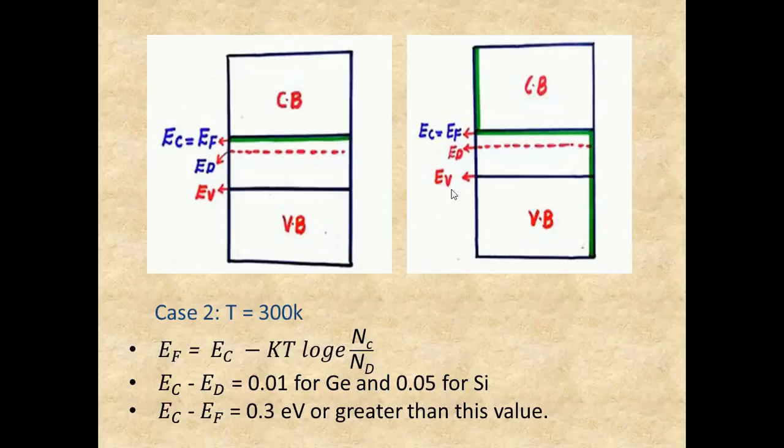This is a formula, where temperature is 300 Kelvin. You know EC minus ED is always 0.01 for germanium and 0.05 for silicon, and EC minus EF is 0.3 electron volt or greater than this.